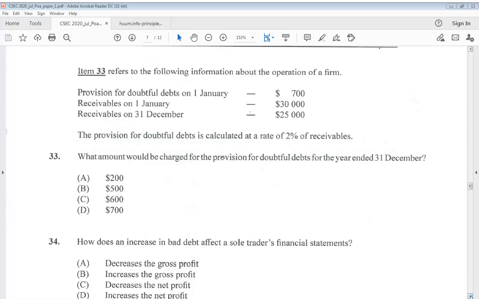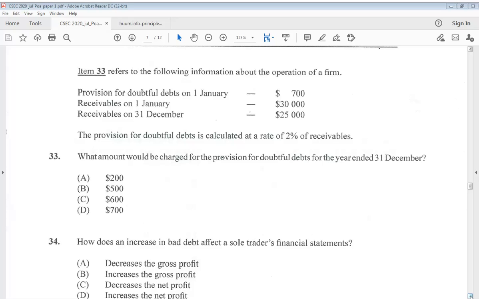The provision for doubtful debts is calculated at a rate of 2% of receivables. What amount would be charged for the provision for doubtful debts for the year ended 31st of December? Is it A, $200, B, $500, C, $600, or D, $700?